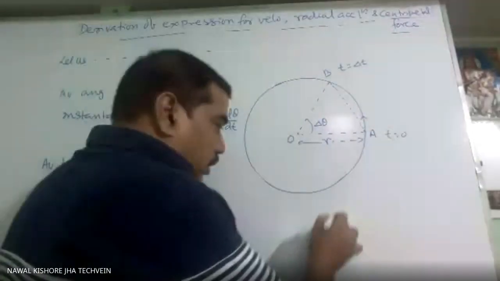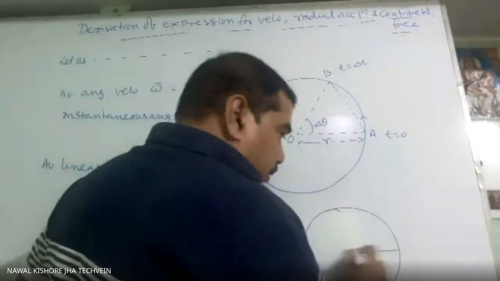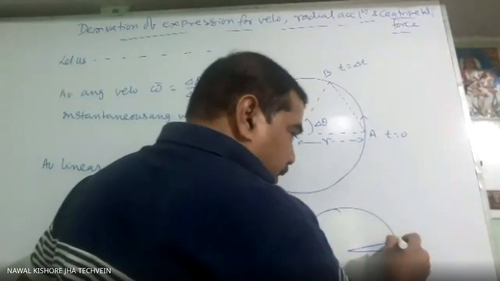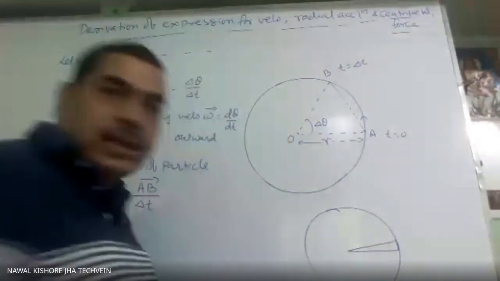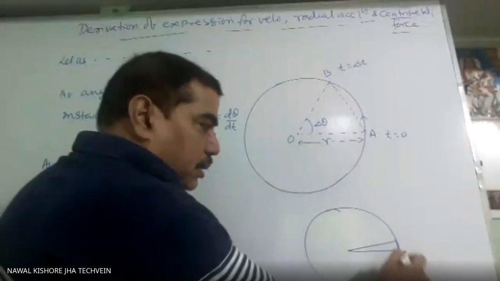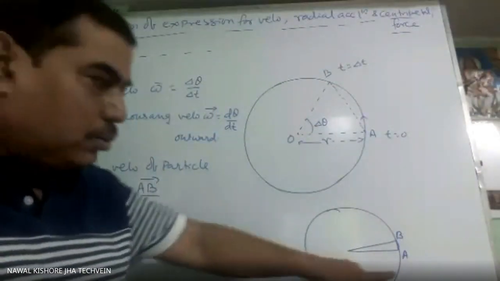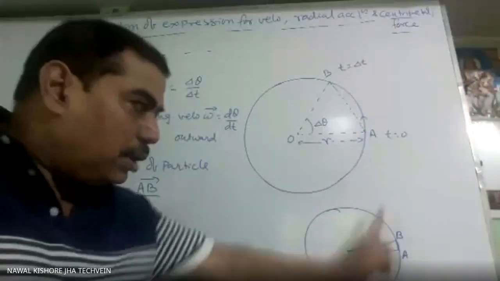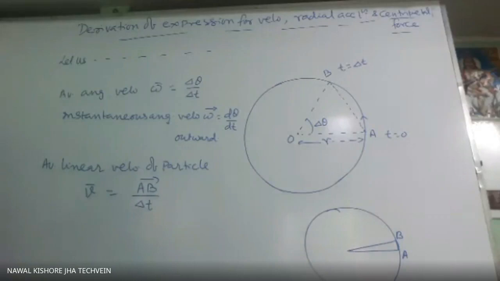Suppose this is a circular path, and here is point A and here is point B. This arc and this chord will be almost the same.